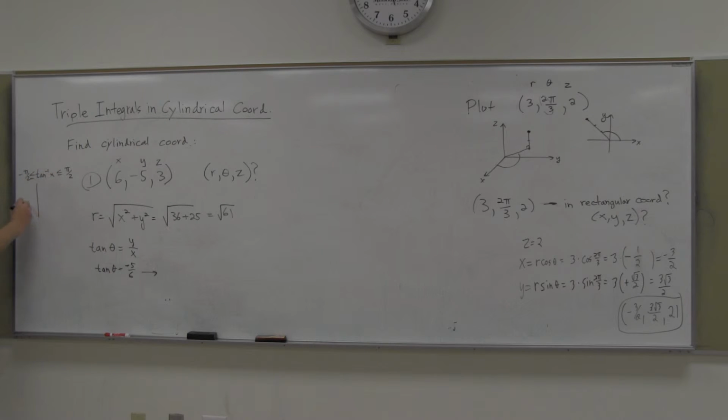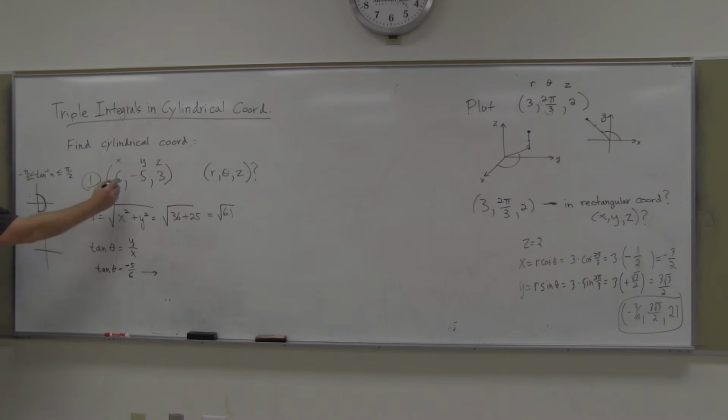It's somewhere in this range here. So you are going to use the inverse tangent, but that angle that you get from that may not be the angle that you want, because you may have a quadrant 2 or quadrant 3 angle. But in this case, so what do you do?